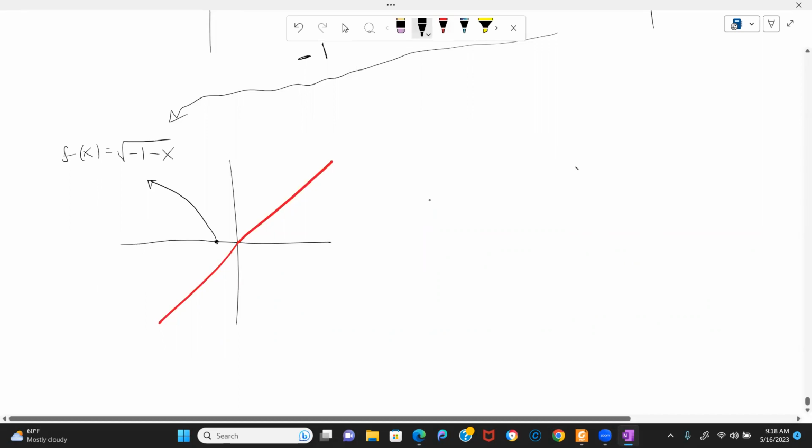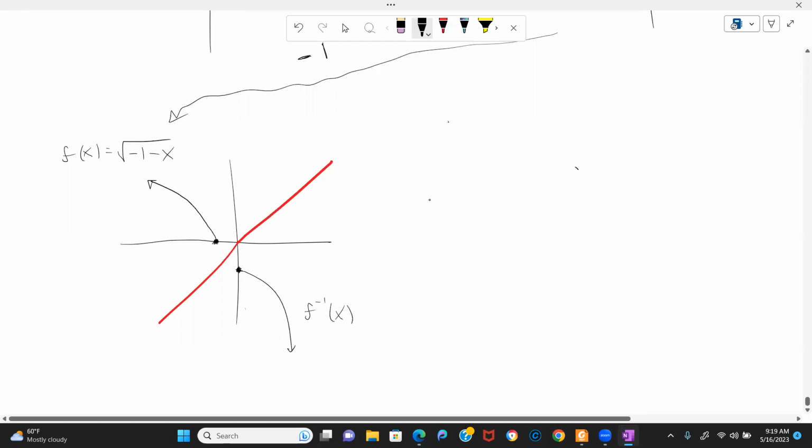So when you do that, this point right here is going to map to this point, and it's going to open down like this. I know it's kind of hard to visualize reflections over a diagonal line like that, but just stare at that a bit, and you can kind of see that should be the graph. So this will be the graph of f inverse of x.